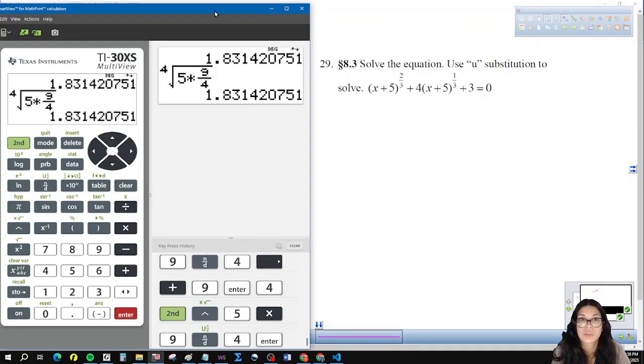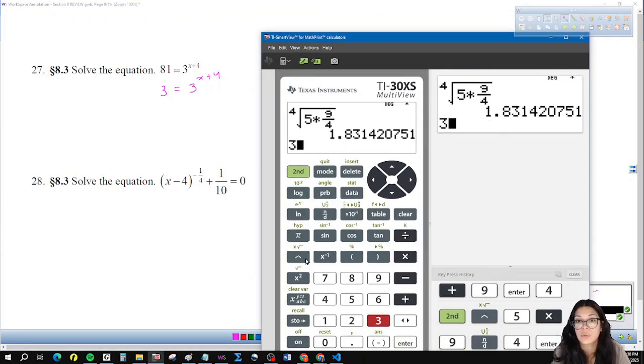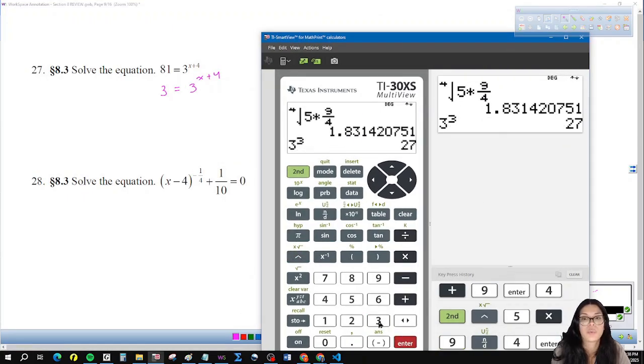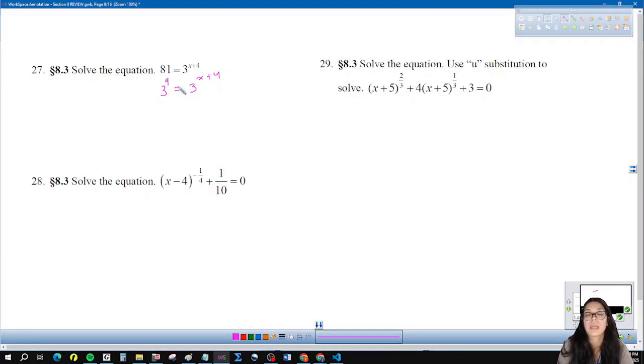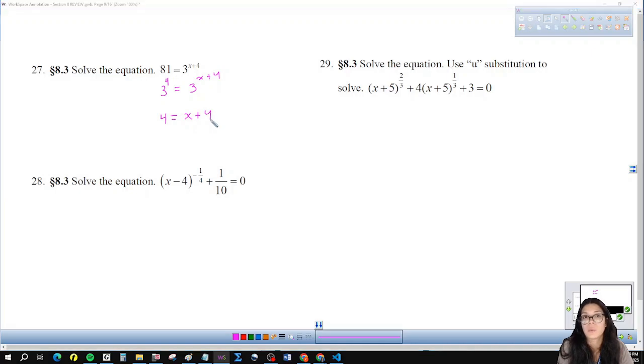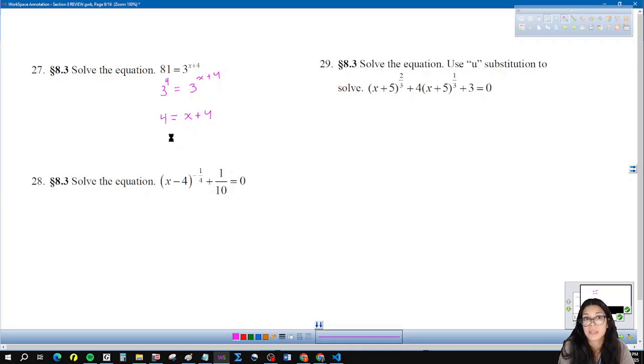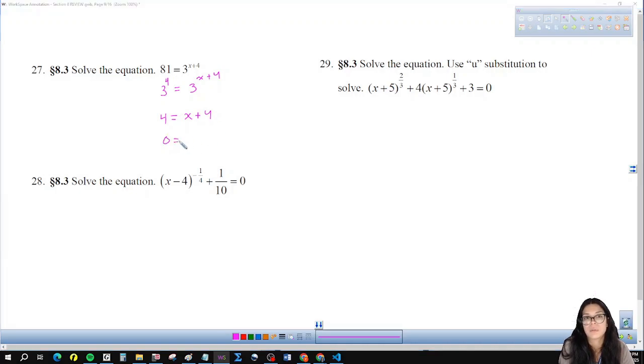So I could check a couple things, like 3 to the power of 3, but that's 27. What about 3 to the power of 4? That's 81. So 81 is 3 to the power of 4. And if the bases are both 3, then that means the power of 4 must equal the power x plus 4, which means when we subtract 4 on both sides, that x must equal 0.